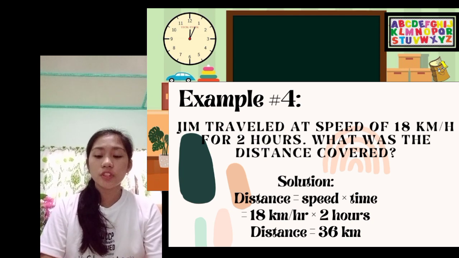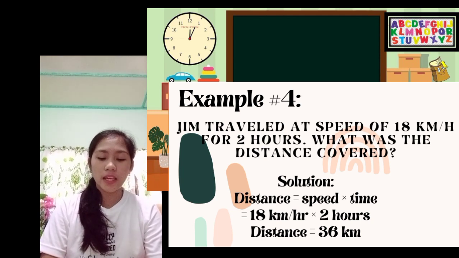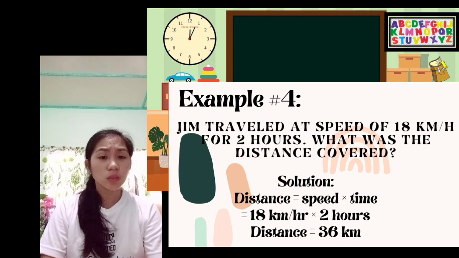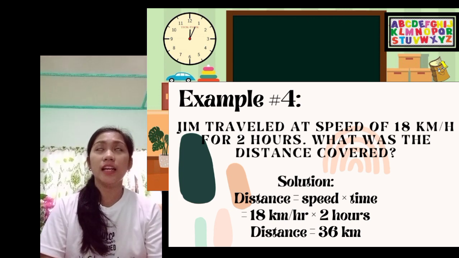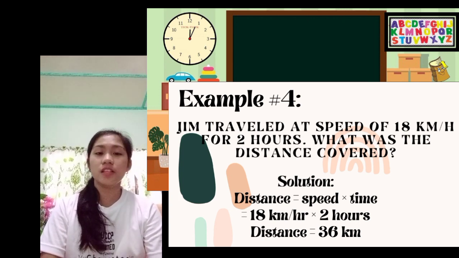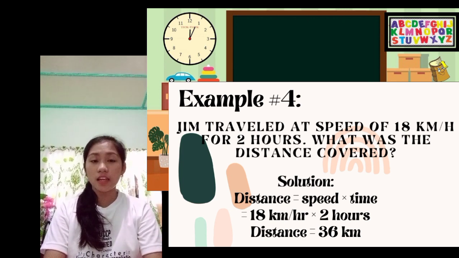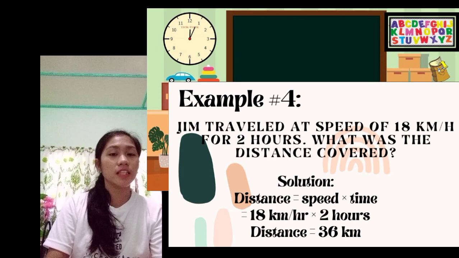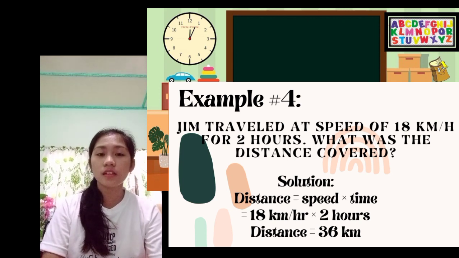Jim traveled at a speed of 18 kilometers per hour for 2 hours. So what was the distance covered? What was the formula that we are using in this problem? Very good, the formula of the distance. What is the formula of the distance?